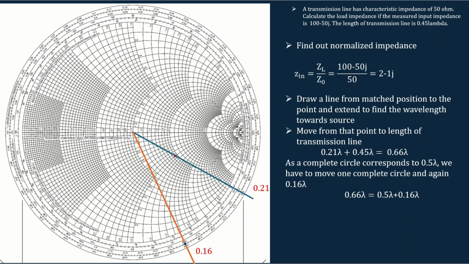For that, you can take a compass and make this the center and this the radius, and draw a circle.